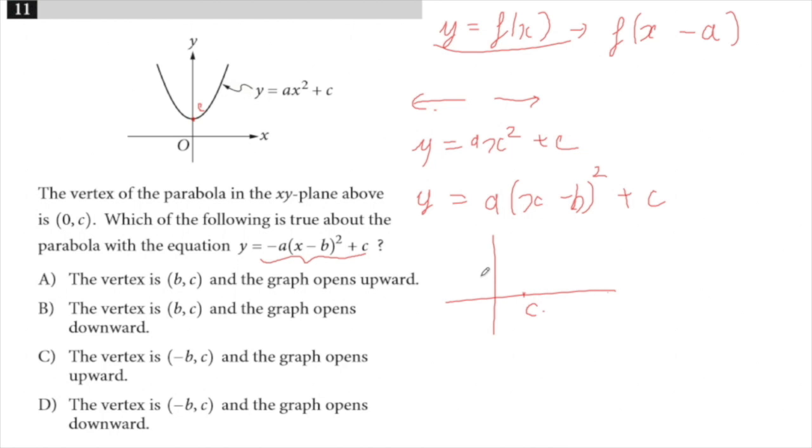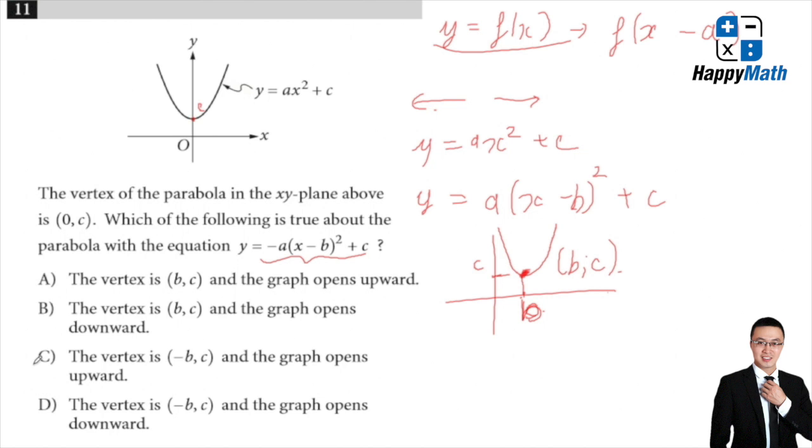So the graph will move from here to here, and the new vertex from (0, c) will be moved to this point, and its new vertex will have the coordinates of b and c. So I will cancel options C and D, and you can focus on here.